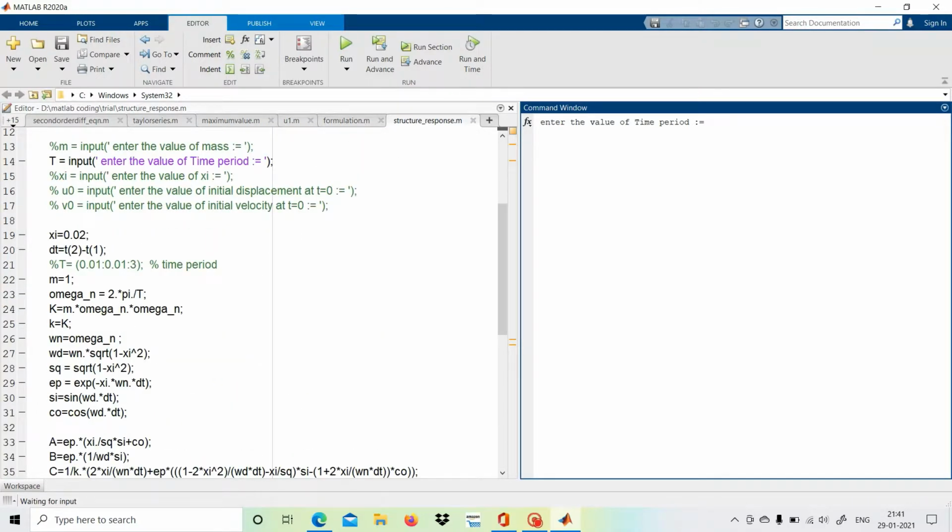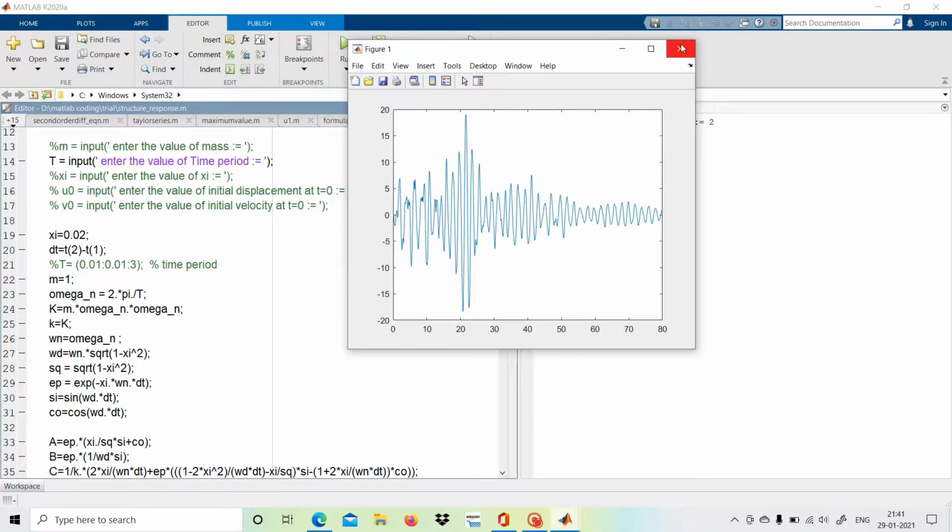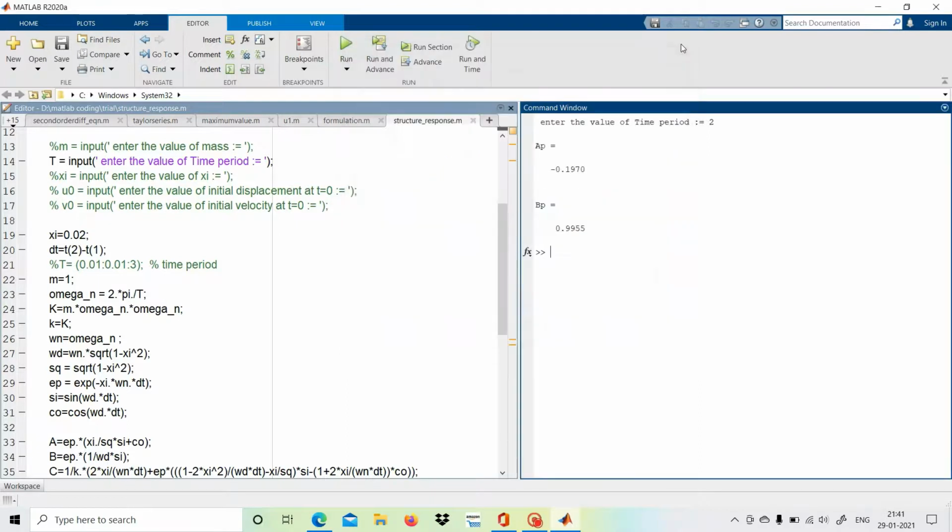Suppose the time period of the structure is 2 seconds. So a prime, b prime, all the values and response are shown here. Okay, so we will first explain it, then we will go.